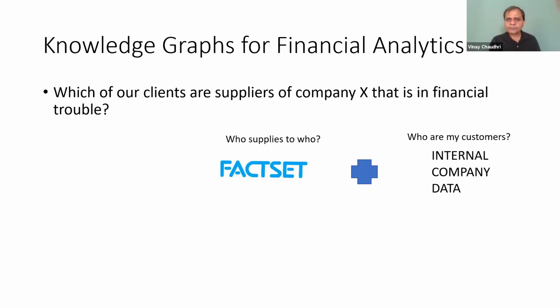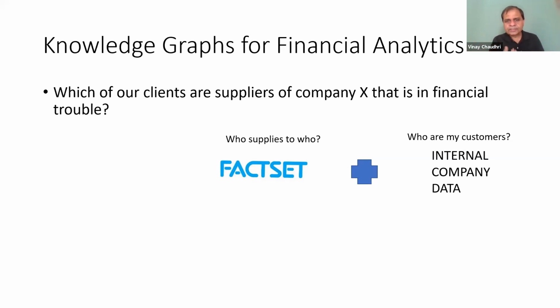They are in the business of doing that, and they sell that supply chain data to a lot of other companies. You can purchase that data, and then using the techniques we considered in lecture 4, like how to create a knowledge graph from structured data, you can take the FactSet data and integrate it with the internal company data, where you have complete information about your customers, right?